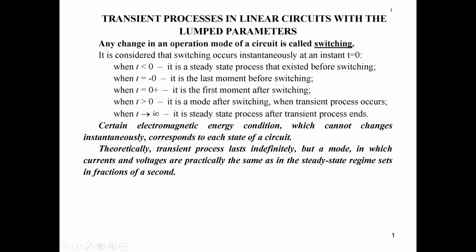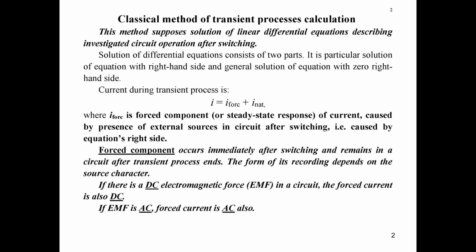And t tends to infinity is the period when transient processes are over, and the considered schematic operates in a mode of steady state processes in the condition after switching. We should write down either current through inductance or voltage drop across capacitance as a sum of forced and natural components.